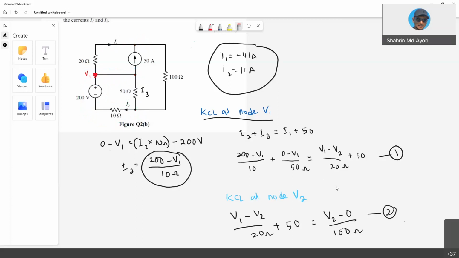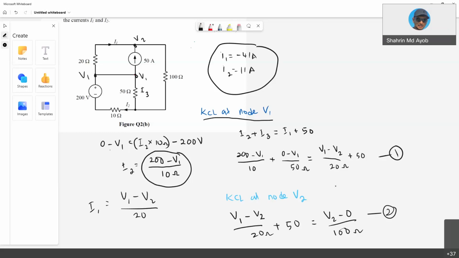So after you obtain your V1 and V2, the question is to find I1. We know that this one is V1, and this one is V2. So your I1, after you obtain the values of V1 and V2, just substitute them and divide by the resistor.